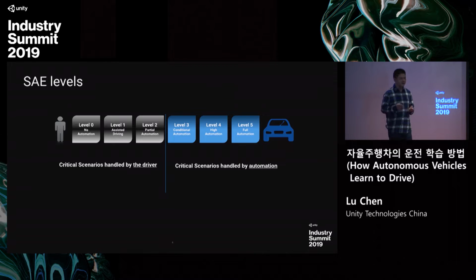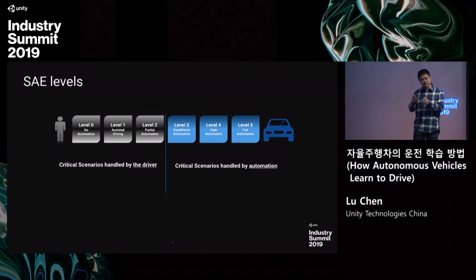But above level 3, if the car crashes, the car takes responsibility, or you could say the car companies. Maybe that is also one reason why we cannot see L3 cars driving on the road today. So you can see the difference.